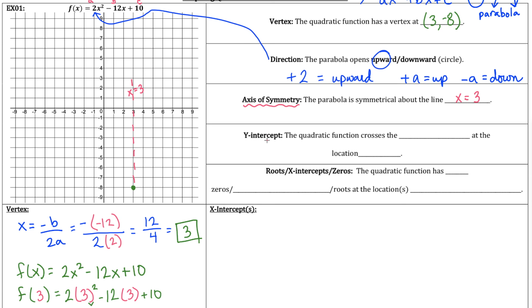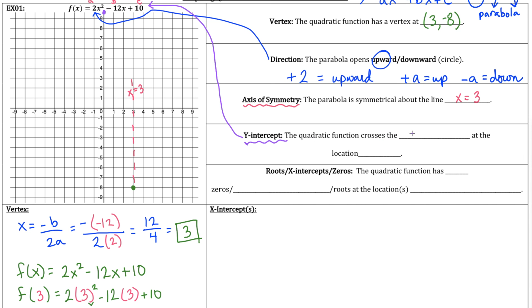All right, the y-intercept. The y-intercept is going to be this number right here, because basically you put in 0 for x, this becomes 0, this becomes 0, and then you end up with positive 10.